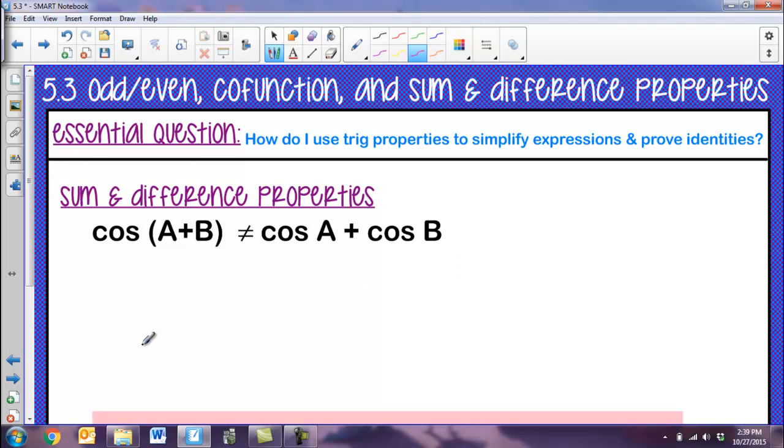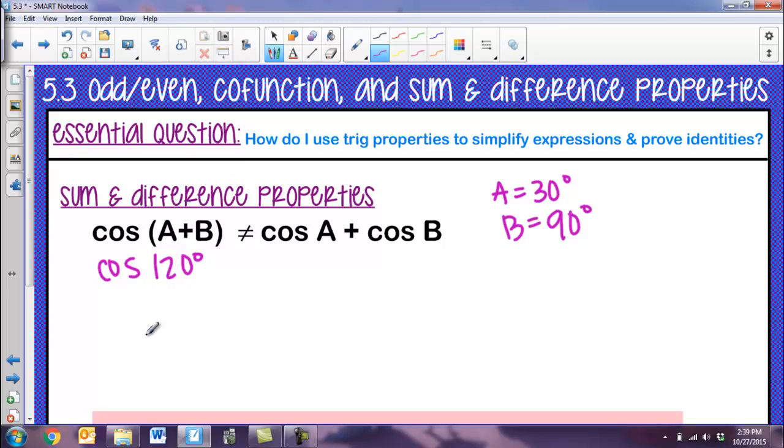So if I can think of one counterexample that's not going to work here, then I can show that this doesn't work. So I'm going to arbitrarily name A to be 30 degrees because I like that angle, and B to be 90 degrees because I also like that angle. So if I plug in A and B here, I would have cosine of 30 plus 90, which is 120 degrees.